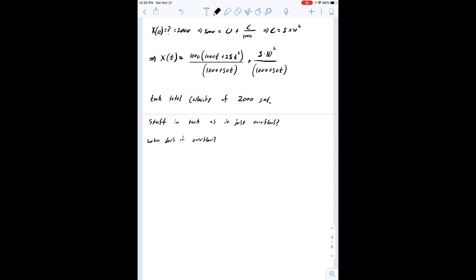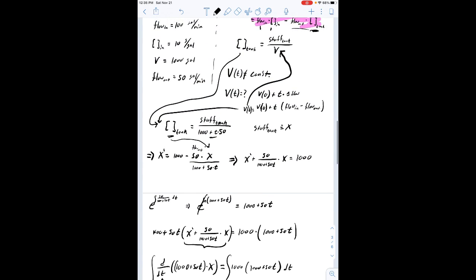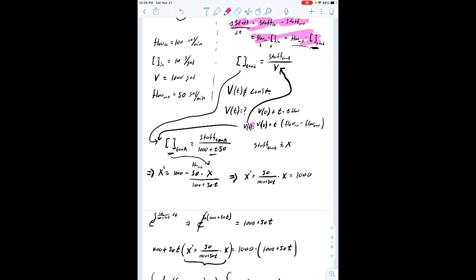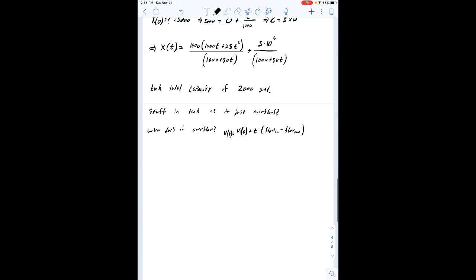Well, this is pretty easy, right? We know from above, we already had to solve for our volume with respect to time. That was right here. So I'm just going to copy and paste this, arrow and everything. So we know that our tank overflows at 2,000.